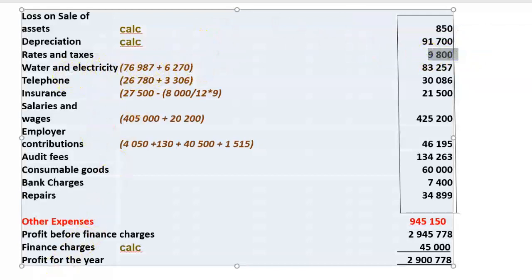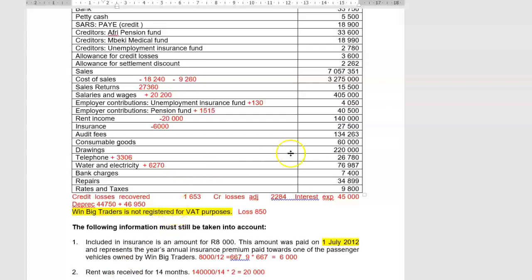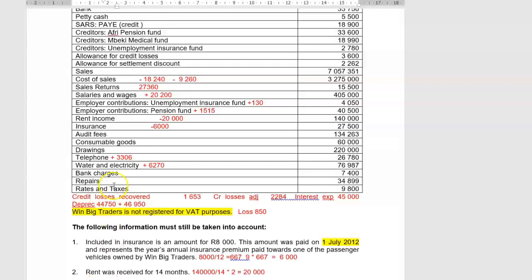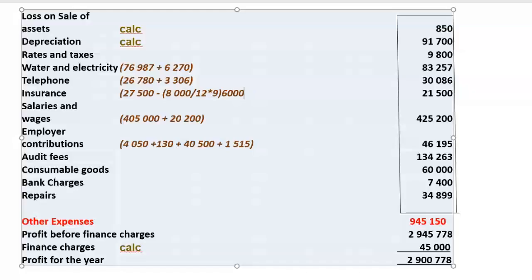Water and electricity, that was only plus the 6270, telephone plus the 3306. Insurance, remember there was 6,000 Rand that was paid in advance. So you're going to deduct the 6,000 Rand, that gives you 21,500, and there again minus 6,000, and that gives you exactly the amount that you have to work with.